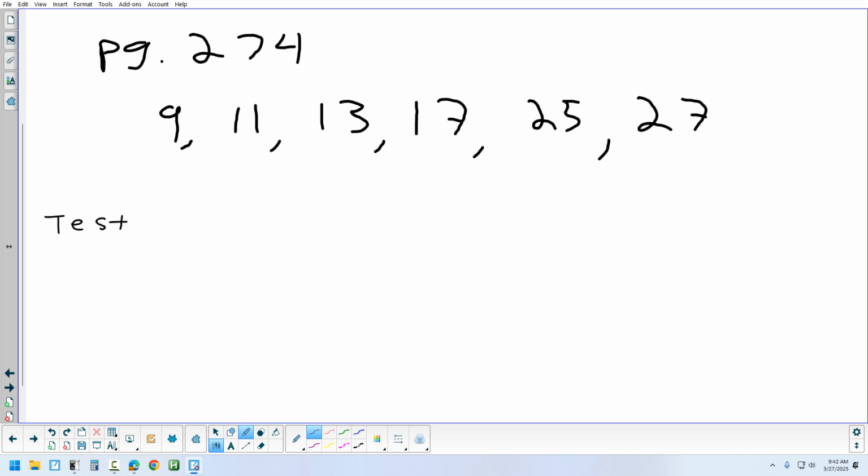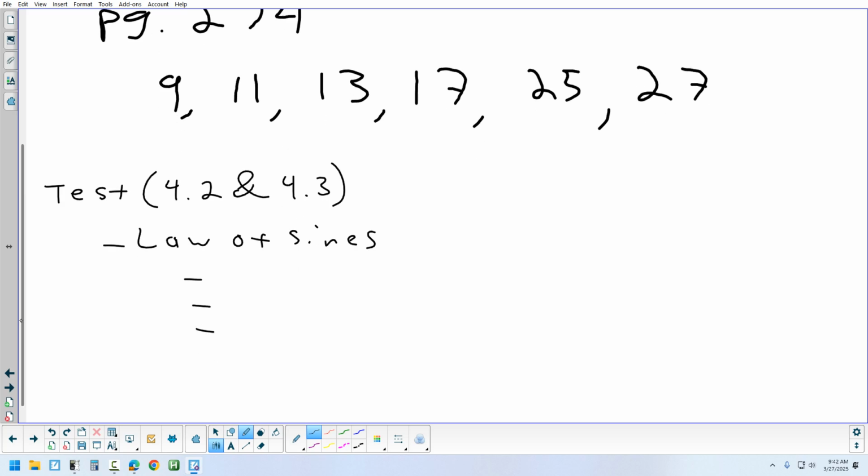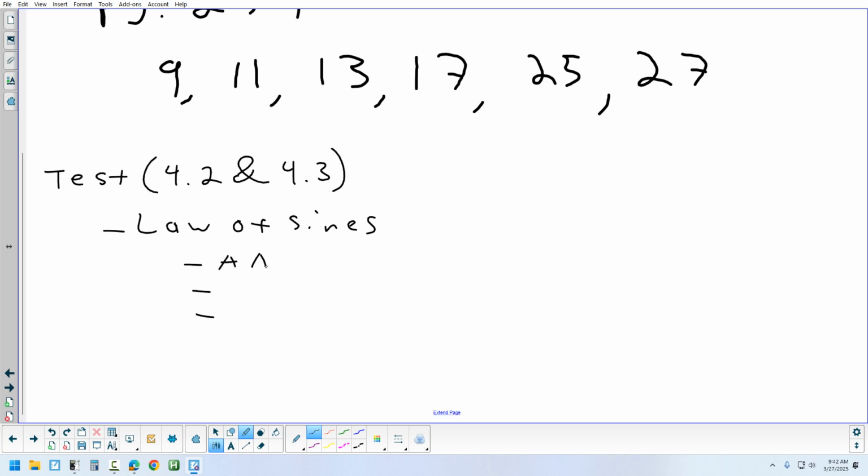Okay, so the test tomorrow is on 4.2 and 4.3. So we'll cover law of sines. All three cases: angle, angle, side; angle, side, angle; side, side, angle.